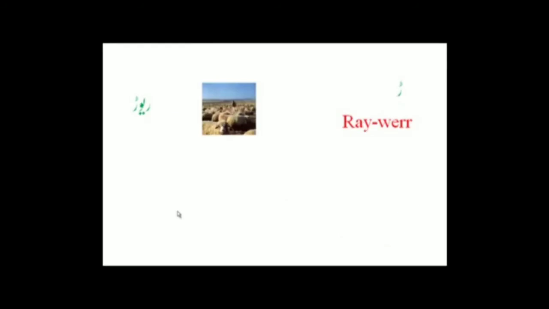Ravar, a flock of sheep. Ravar. So re, choti ye, then wow, and re again. Re, re, and wow, they are non-connectors, and choti ye is connector. So when we write them, write the re word.